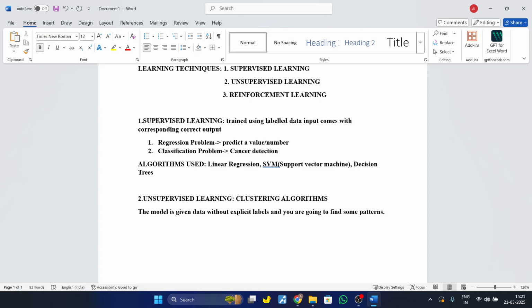The third major type is reinforcement learning. This is a more advanced learning technique. So what is reinforcement learning? The logic behind it involves an agent. Here the concept of an agent comes in, which interacts with an environment and learns through rewards and penalties.